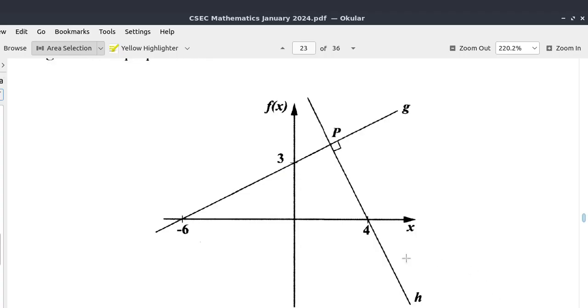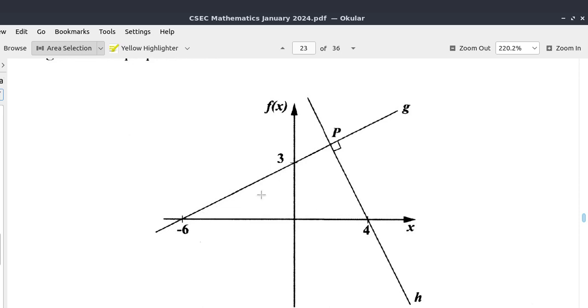Now, we can determine the gradient. You can say it is rise over run. The rise would be 3 and the run is 6. If you're going from left to right, it will have a positive gradient.